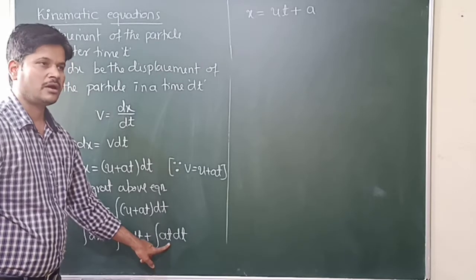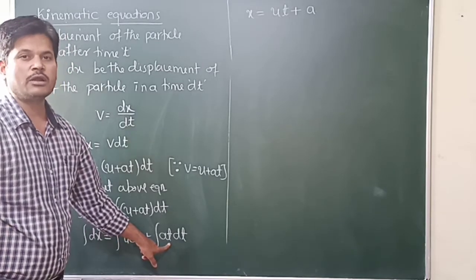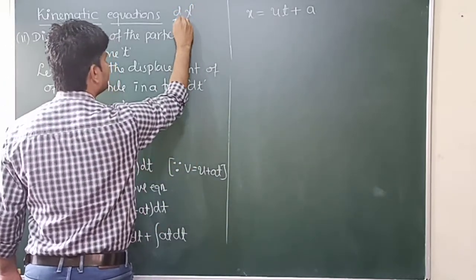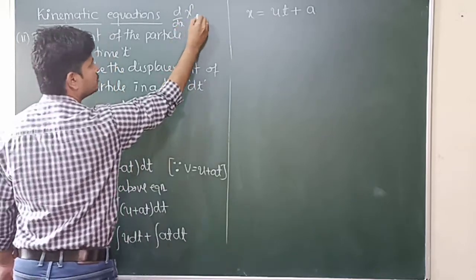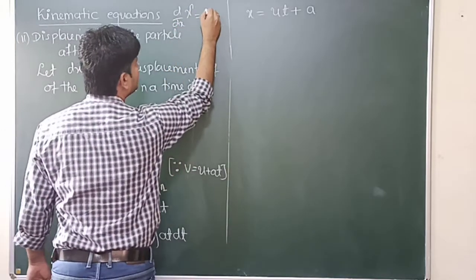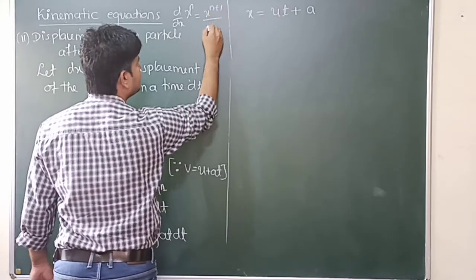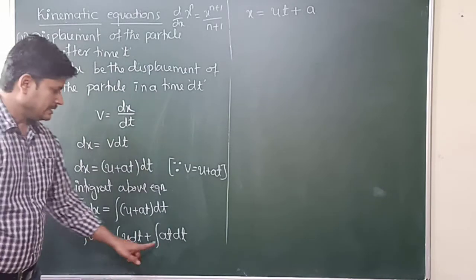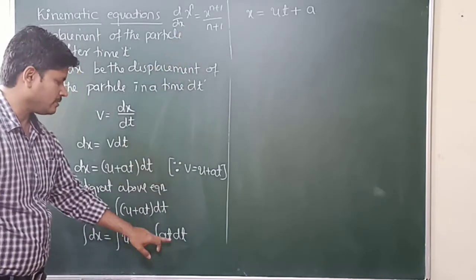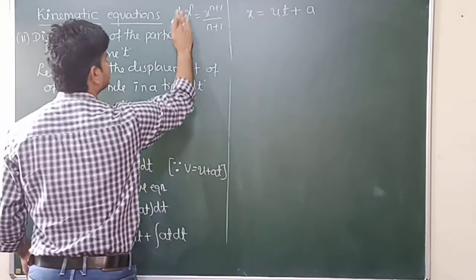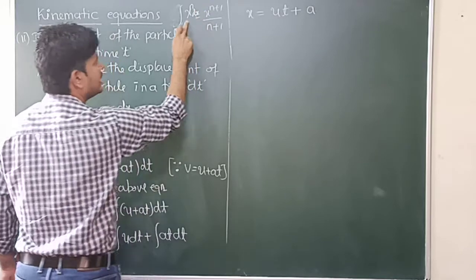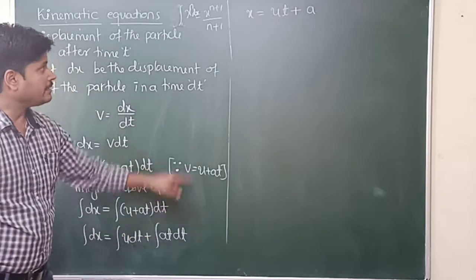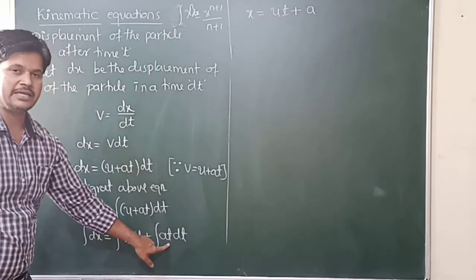Integration of t. For this, we have to apply the x raised to n formula. We know the x raised to n formula: integration of x raised to n into dx is x raised to n plus 1 divided by n plus 1. We know this, right? In the place of x, here t is there.